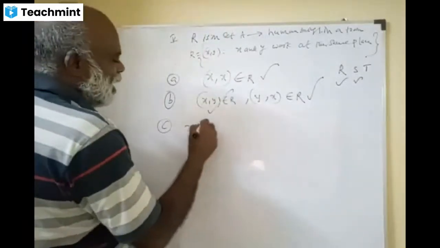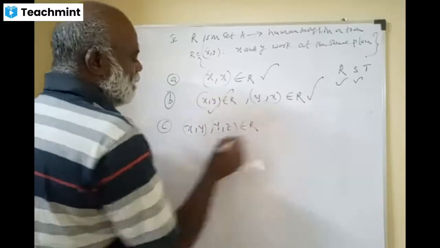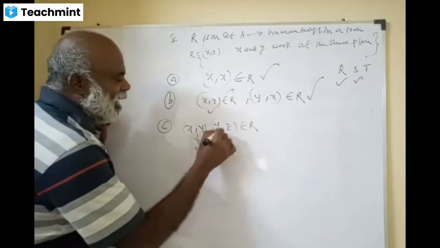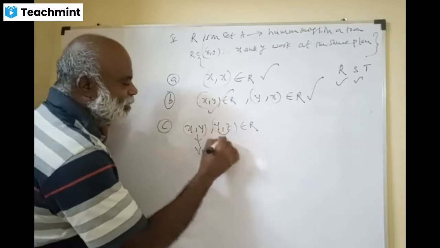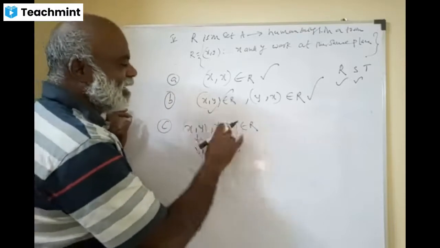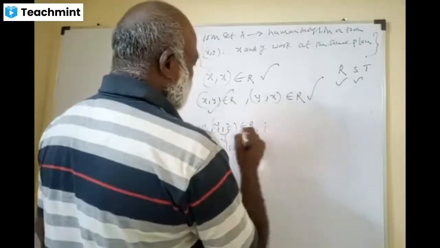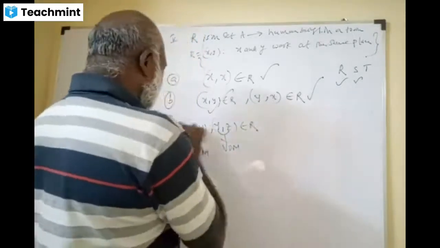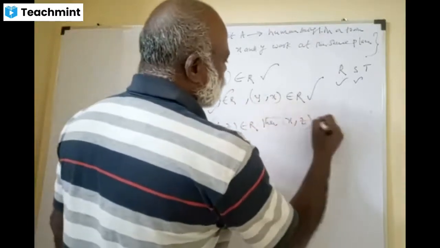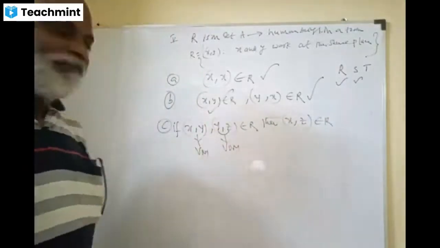Now, (X, Y) belongs to R and (Y, Z) belongs to R. It means X and Y are working in Virudhachalam, let us take. Y is working in Virudhachalam, which means Y and Z are also working in VDM, right? That means X, Y, Z, all of them are working in Virudhachalam. If so, then (X, Z) should belong to R. Can you say X and Z are also working in the same place?